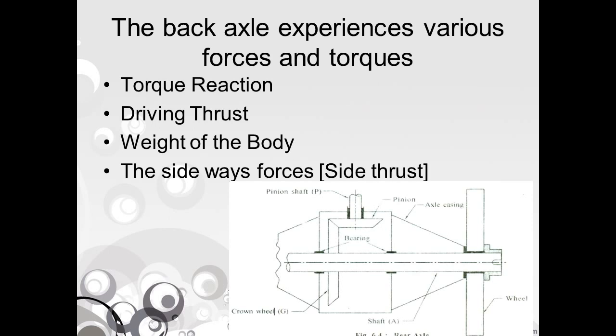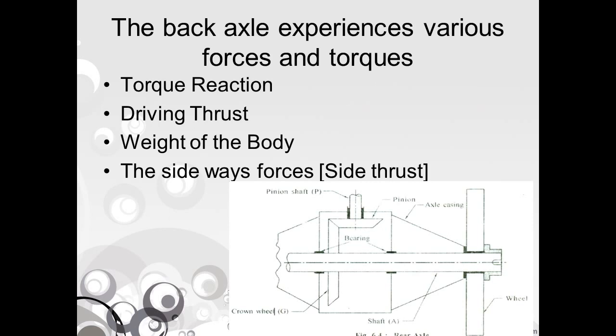As the axle casing supports the pinion, it will be subjected to a force which causes it to rotate. The torque produced in this action is an equal and opposite reaction to the driving torque which is applied to the road wheels. This phenomenon is called torque reaction, due to which the axle case tends to turn opposite to the direction of road wheel rotation.